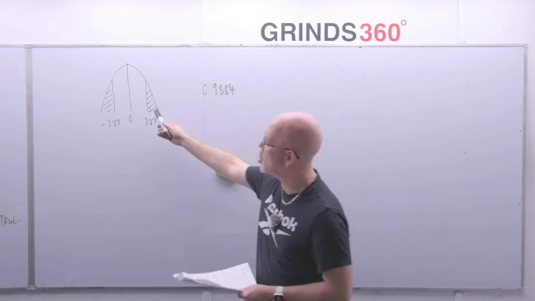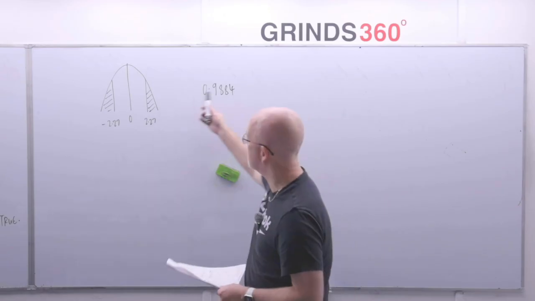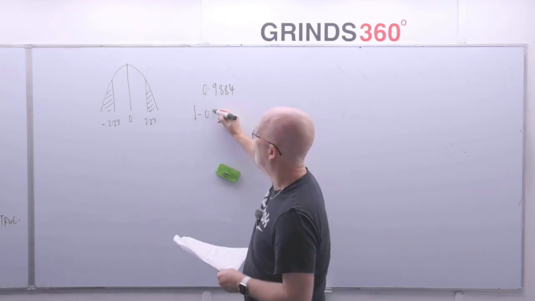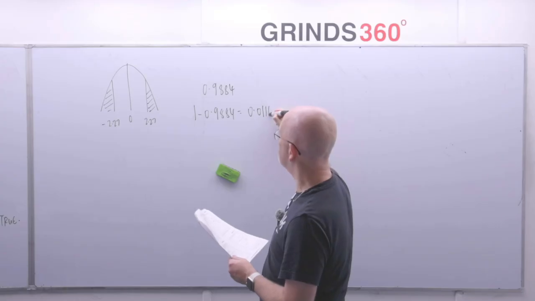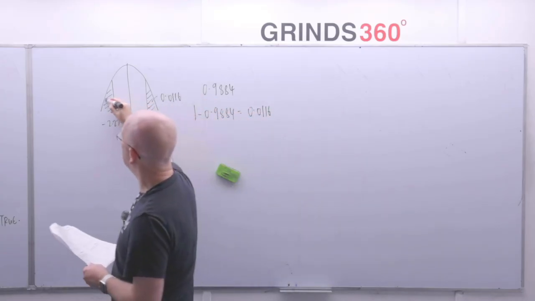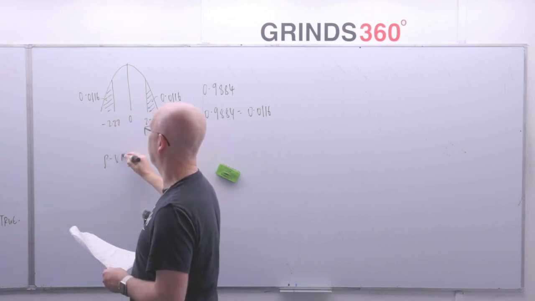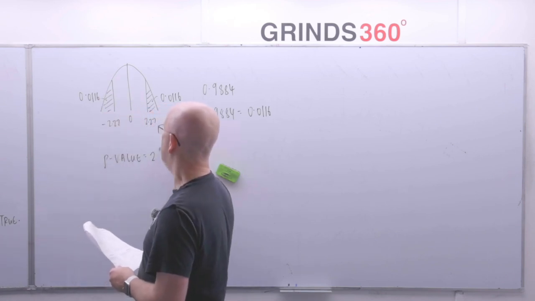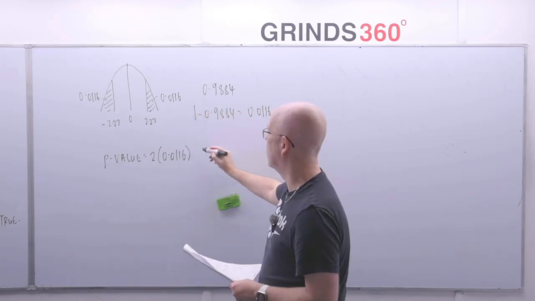Does that shaded area look like 0.9884? Nope, it's too small. That's less than half. That number is bigger than half. So 1 minus 0.9884 is 0.0116. So this bit here is 0.0116, which means so is that. And our p-value is just 2 times 0.0116, which is 0.0232.